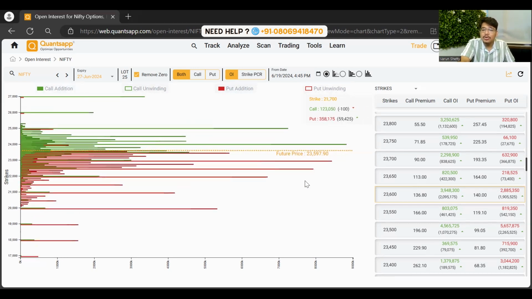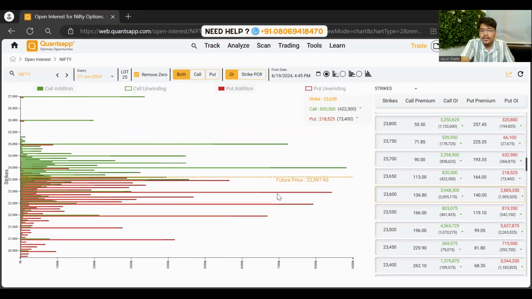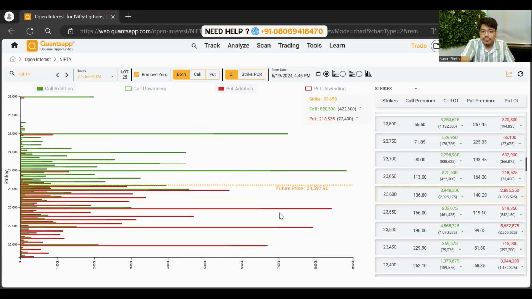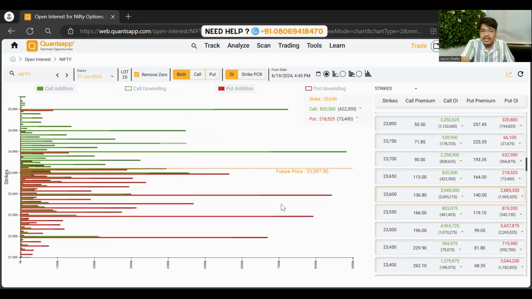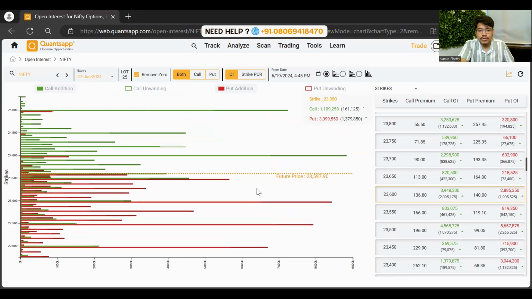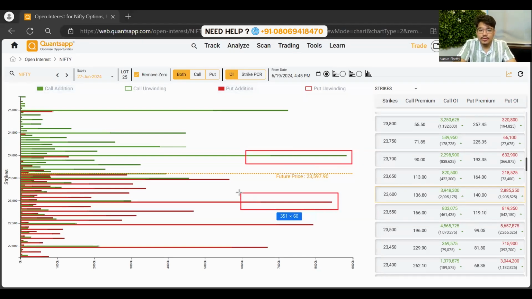What I generally look at is the biggest green bar and the biggest red bar. In this case, as of now, let me zoom in for you. The biggest green bar is this one, and the biggest red bar is this one.